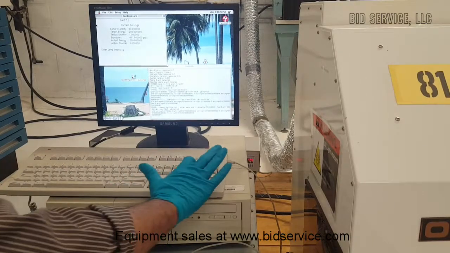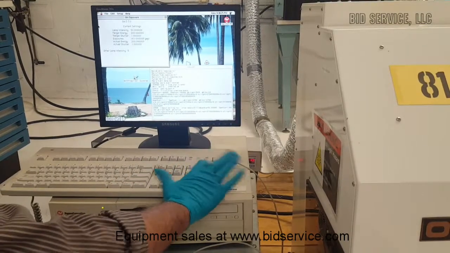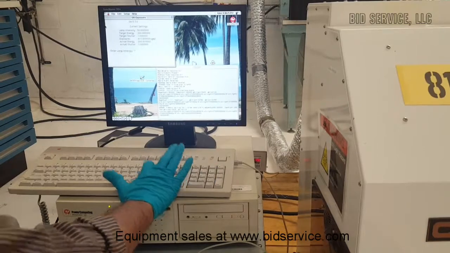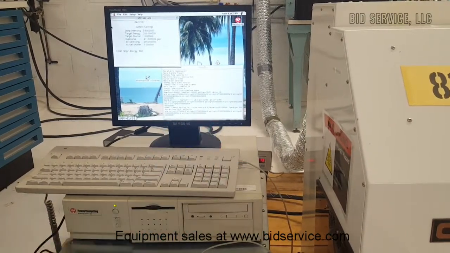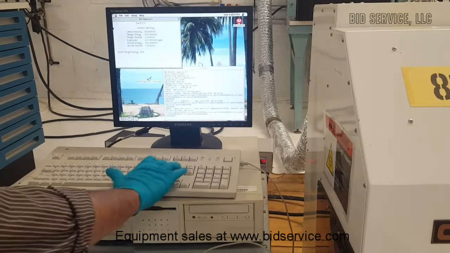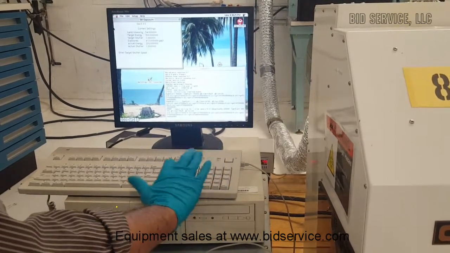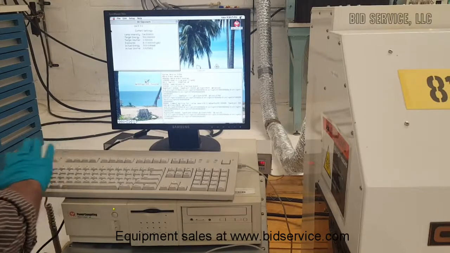Let's change the parameters again. Intensity is 54, which is exactly on this unit. I want a target energy of 300, and the shutter speed we keep at 1.